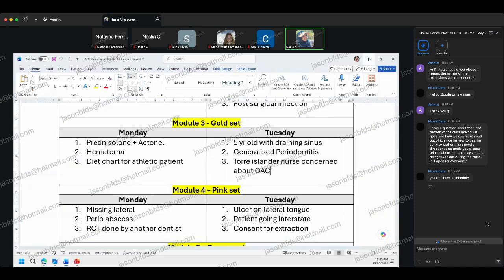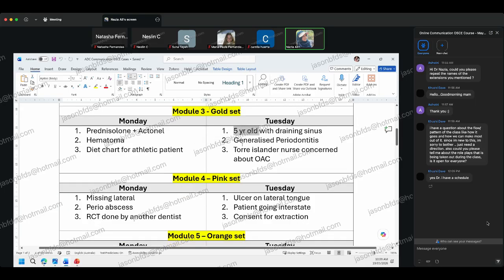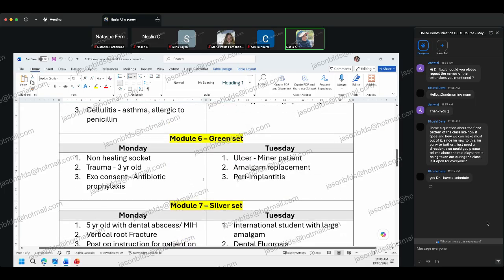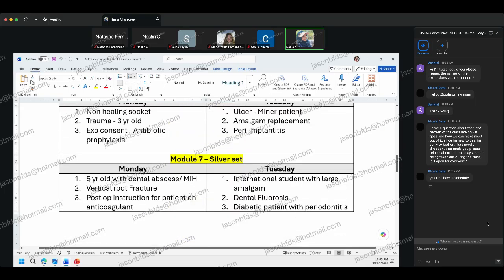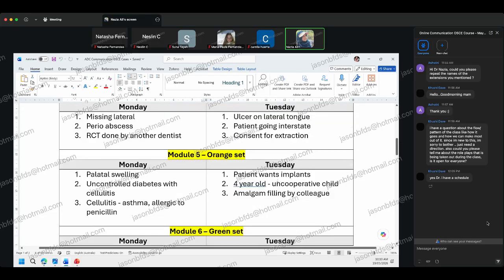So the whole idea of the live classes here is, I try to make connections between all the cases. Maybe I'm teaching today, for example, a 5-year-old. But in between, you'll find that I'm going to relate this case to another 5-year-old in module 7 because they're so related to each other. And I might make some comparisons between the two. What is the difference between this case and the one in module 7, which I haven't covered yet with you guys?